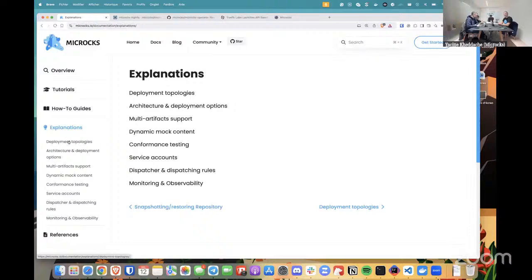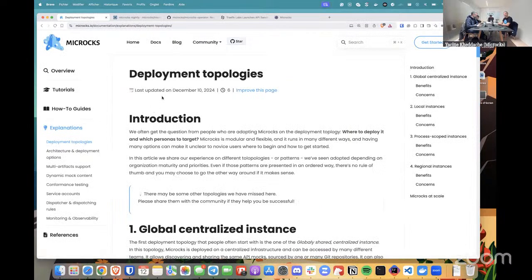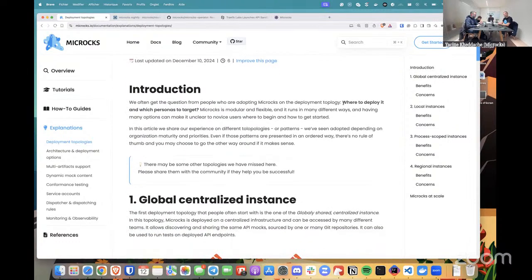And so we put together this document that is called deployment topologies or deployment patterns. It explains where to deploy it and which personas to target, providing what we are seeing in the field and trying to give as much information as possible to make your own decision. And it's totally human written. No AI involved. Impressive. Just primarily, to be honest, to fix some typos.